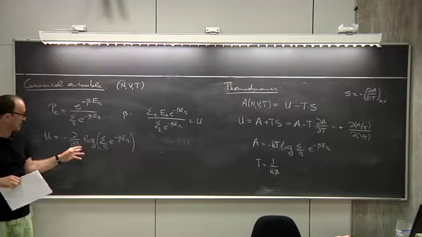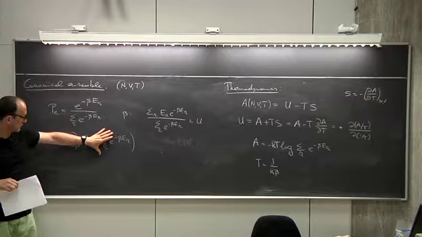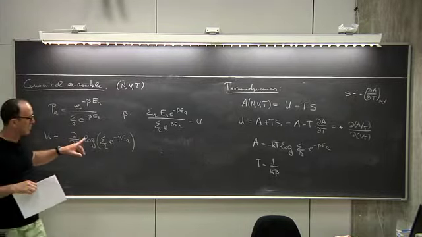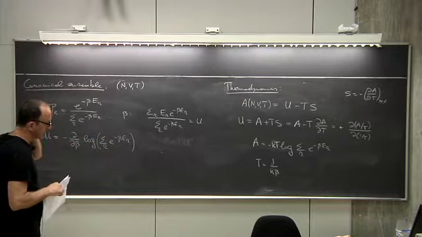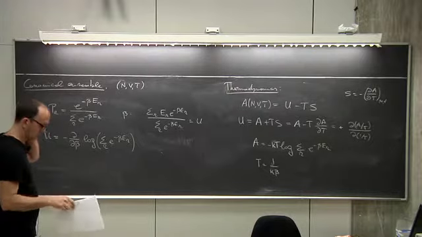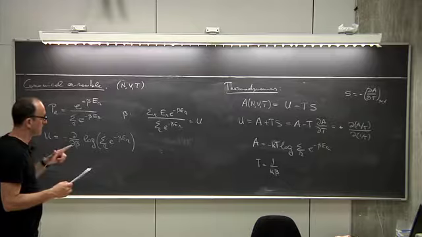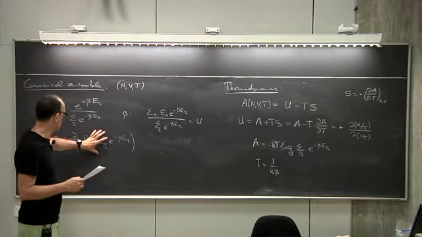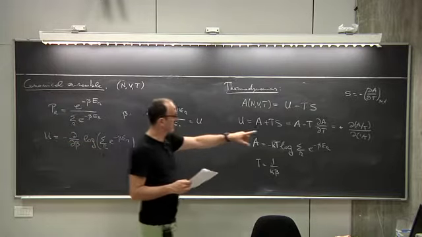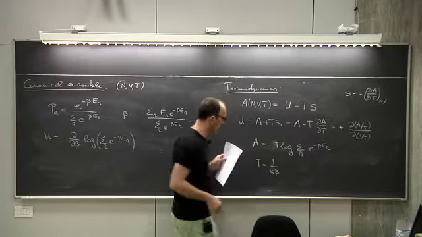So I'm just identifying this function here, minus the log of this, with A divided by T. And so, yes, there should not be any k here.